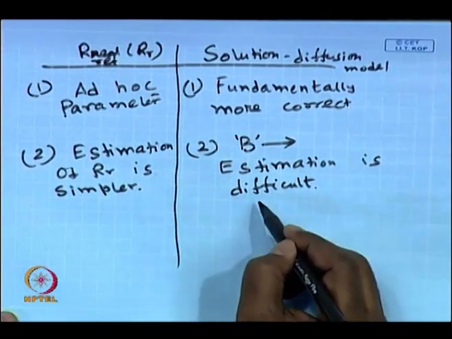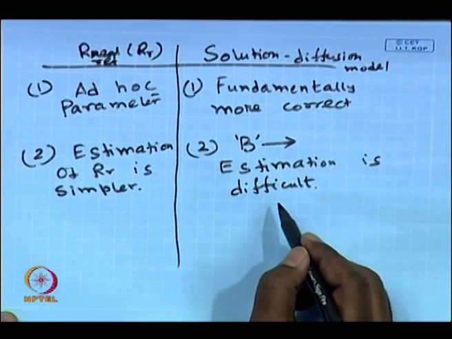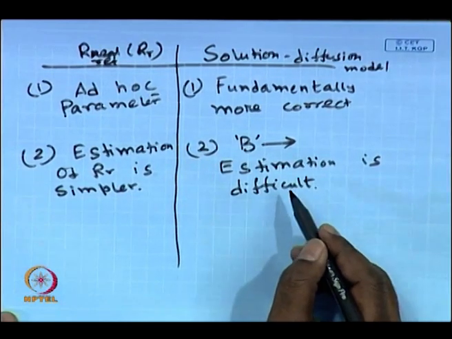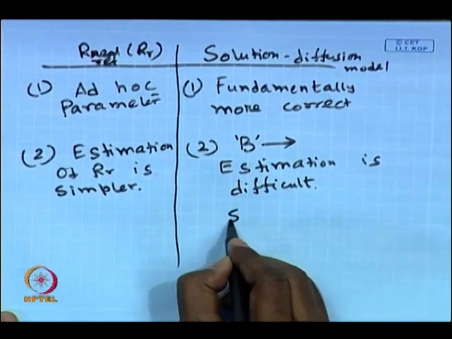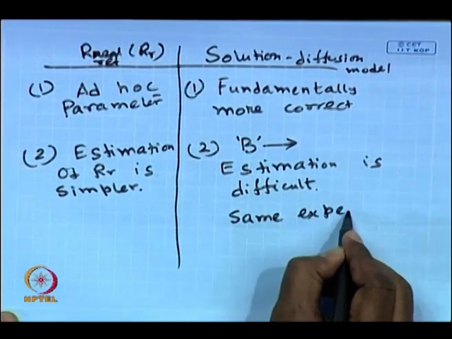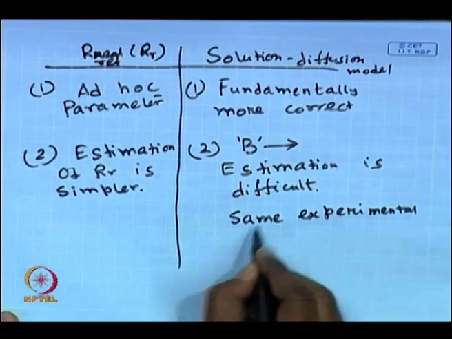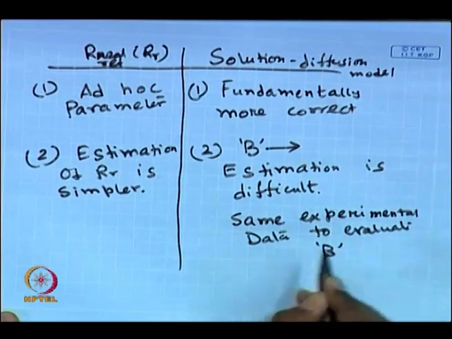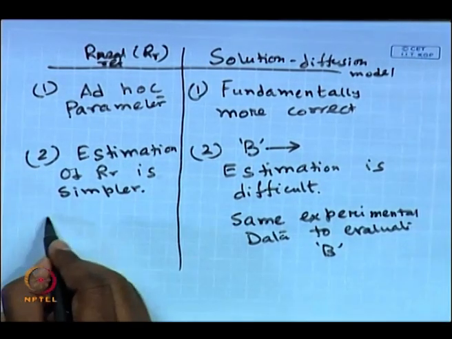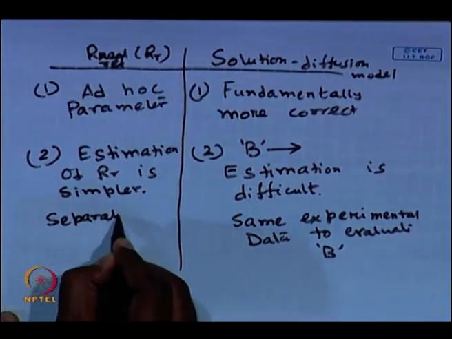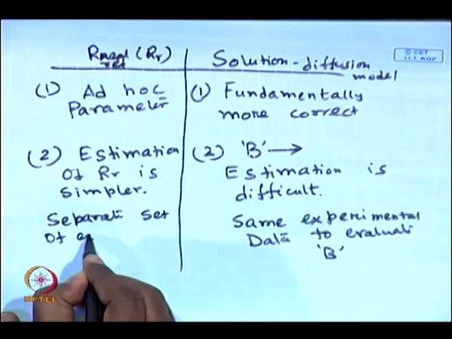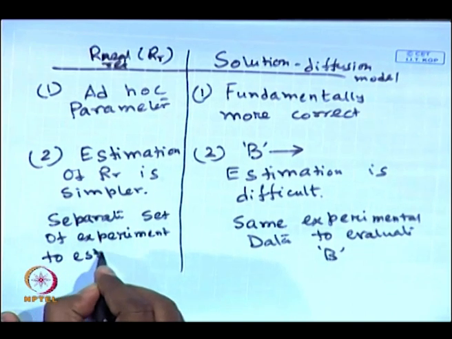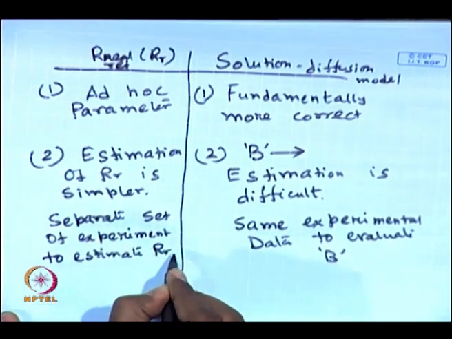Because it involves the same set of experiments involving the same solute and the feed solution under the same operating conditions, because you require the same experimental data to evaluate B. On the other hand, in real retention, you require a separate set of experimental data to estimate real retention.